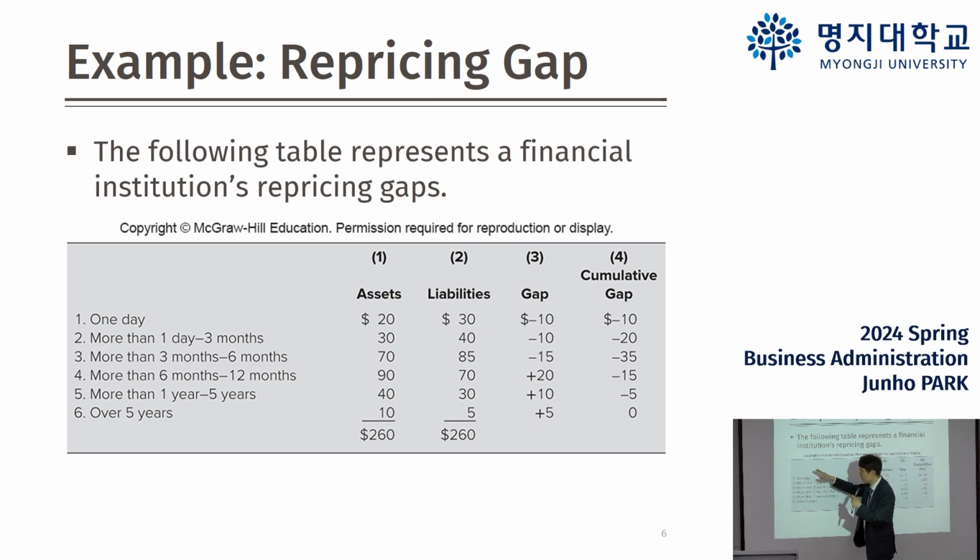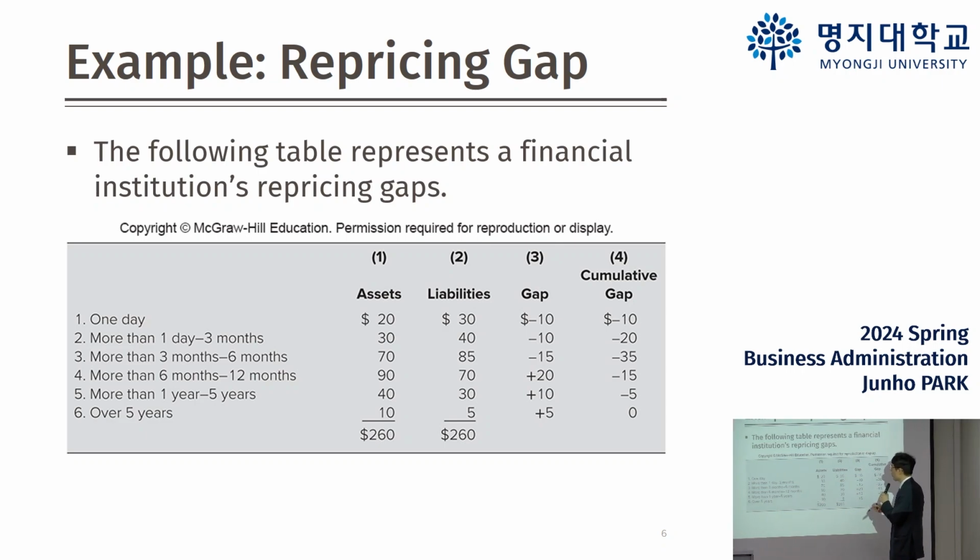One, less than 1 day. Two, more than 1 day to 3 months. Three, 3 months to 6 months. Four, 6 months to 12 months. Five, 1 year to 5 years. Six, over 5 years. And we have assets and liabilities.